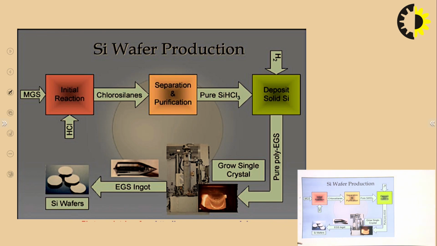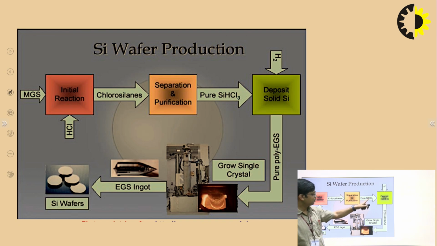Now in the last, in the silicon wafer production, here we can see that MGS that is used gives us the chlorosilane, which is then purified using the distillation process.